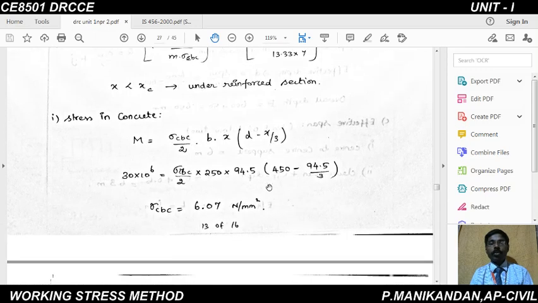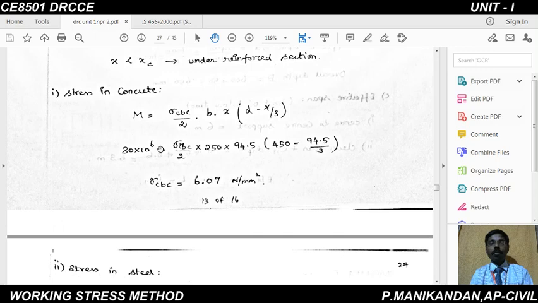Then we are going to find the stress in concrete. The formula is M is equal to sigma cbc divided by 2 into b into x into d minus x by 3. Here they have given the moment value as 30 into 10 power 6, which is equal to sigma cbc, the stress in concrete that we are going to find, divided by 2 into the breadth 250 into the neutral axis 94.5 into effective depth 450 minus 94.5 divided by 3.